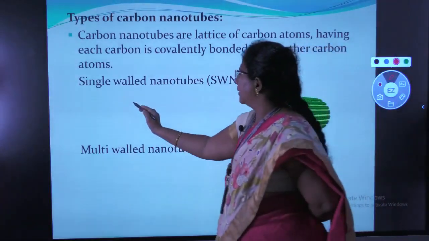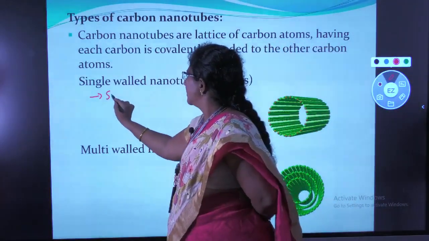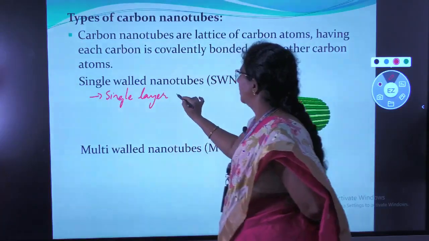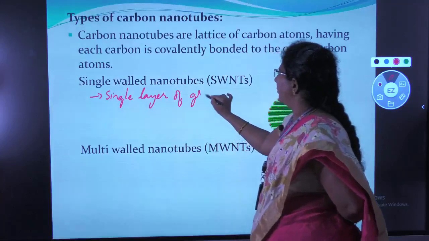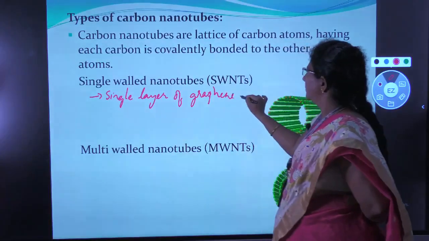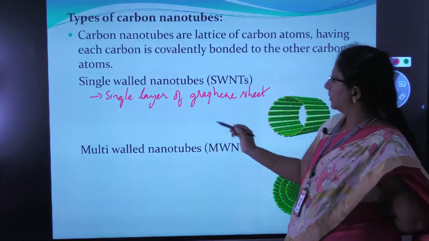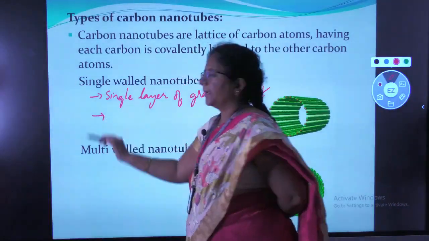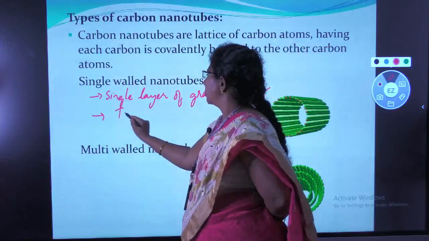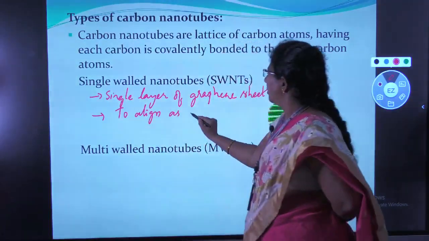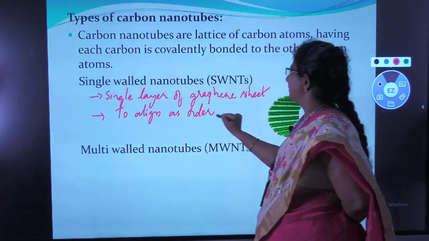That means they contain a single layer of graphene sheet, and they will have greater tendency to align as ordered bundles.